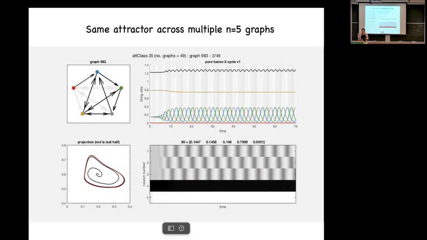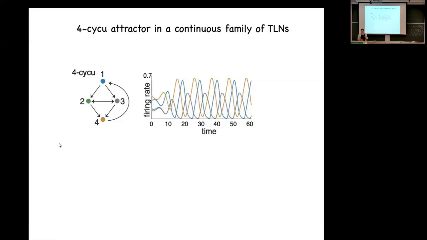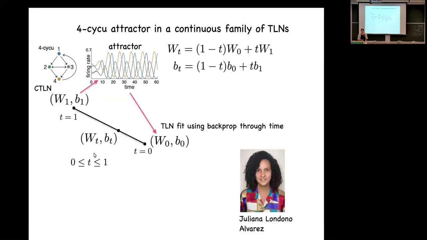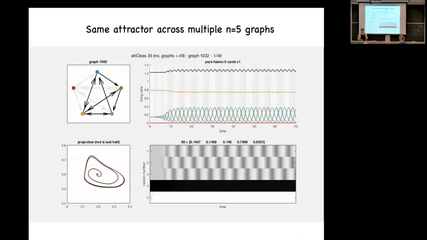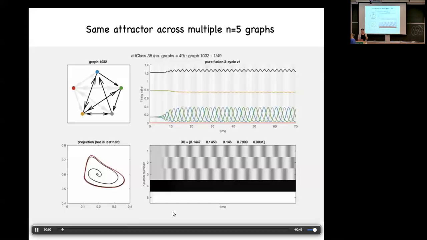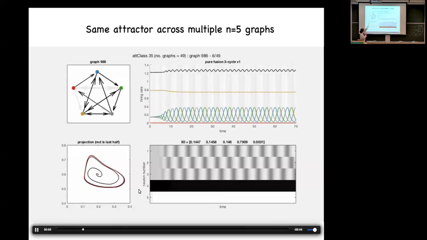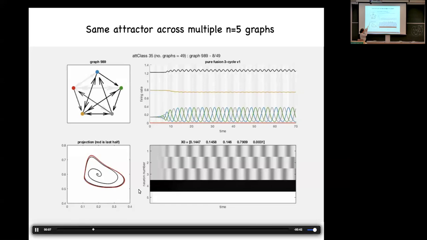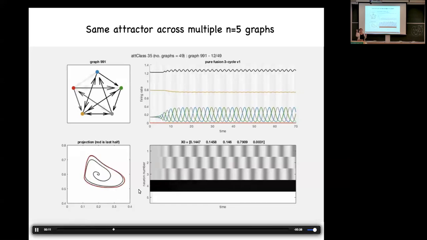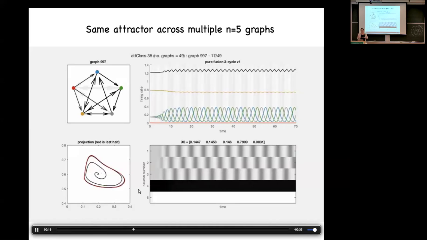Usually the nodes outside the attractor have small rates, but depending on the embedding, I would say all 49 of these are different embeddings of this fusion 3-cycle graph into the larger one, because they all connect to the 5th node in different ways, and non-isomorphically.